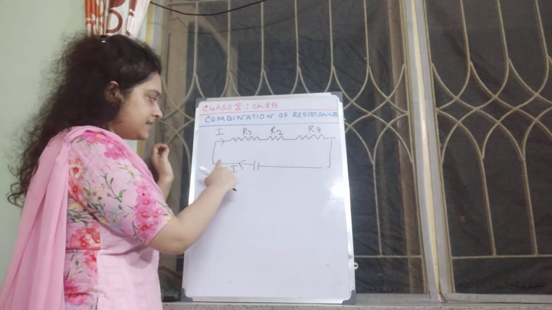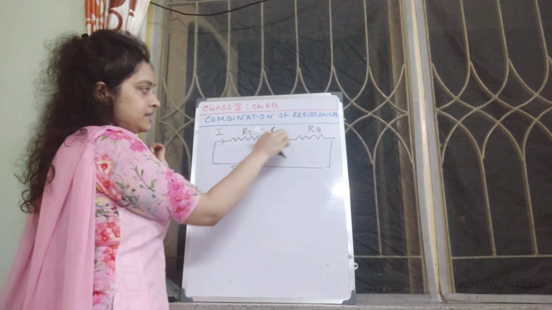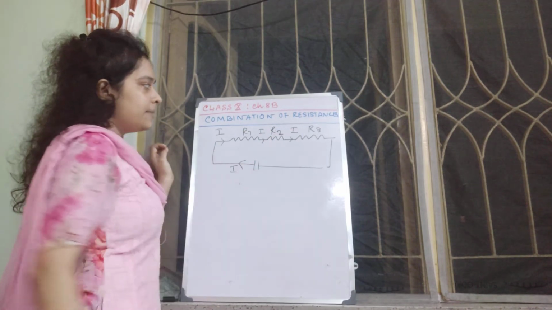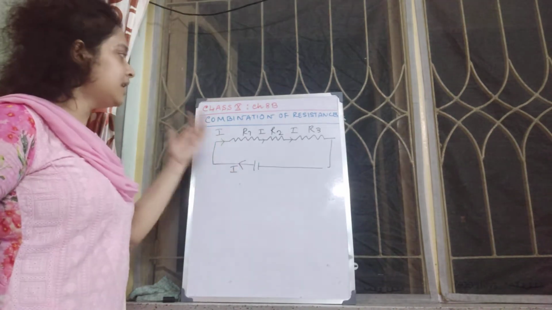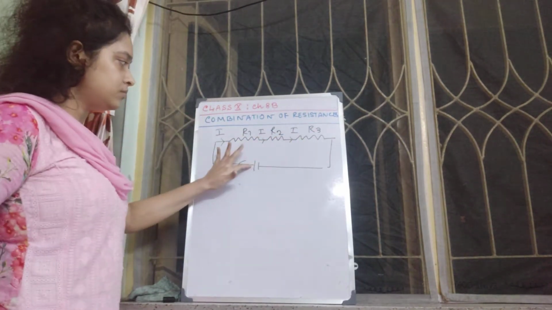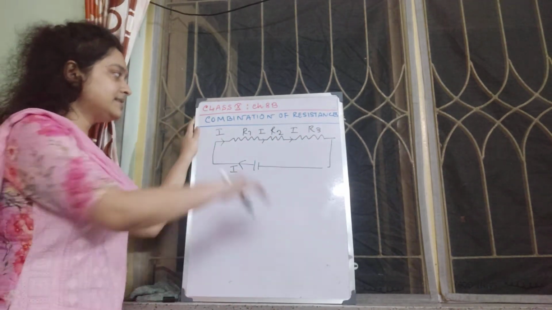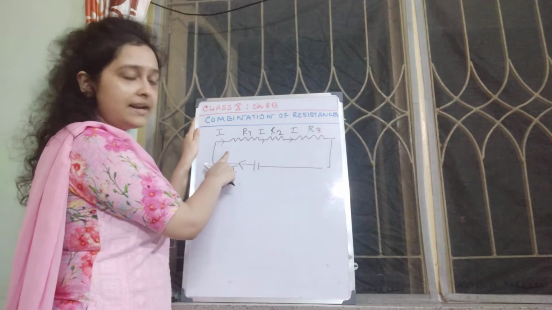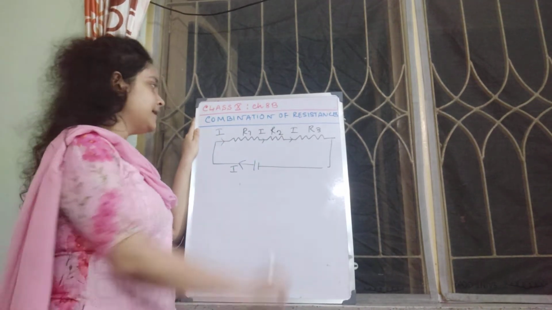That means the same current will flow through this, because there is no other path for the current to follow. There is only a single path for the current to follow, like this and this. That means the same current flows through all the resistances, right?